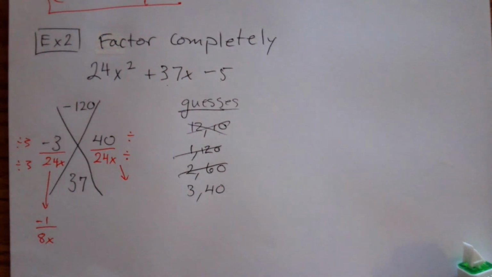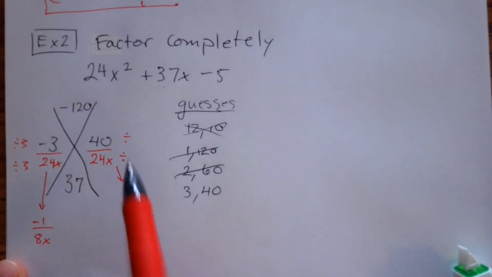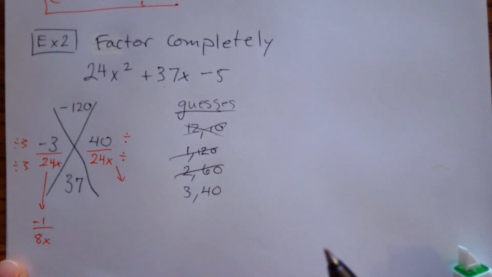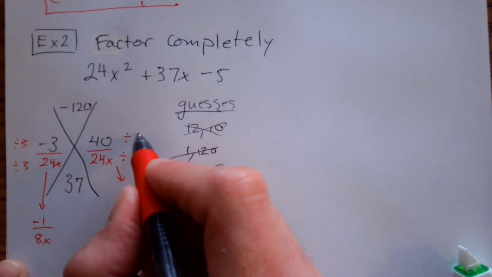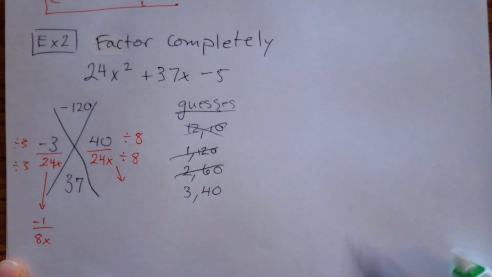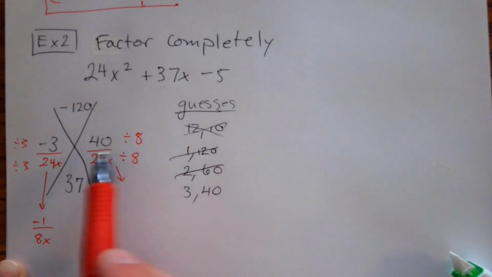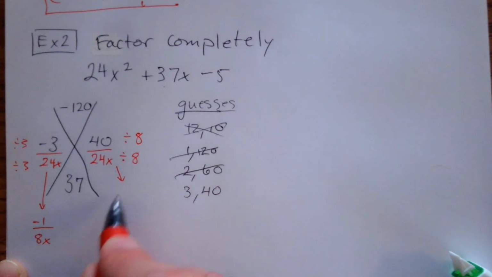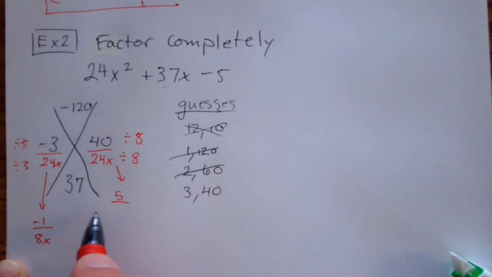If you can still reduce after you reduce the first time, just keep going until you can't reduce anymore. That's the idea here. So what can you divide by? 4? 8? Oh, you can divide by 8. If you divide it by 4, then in the next step, divide by 2, and then you'll be done. So either way. Divide by 8, what is that? 5 over 3x.